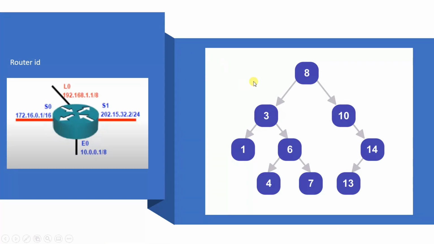Consider this diagram. Consider these as routers. For example, if one new router is added in this space, just visualize. Then this router has to follow the 7 steps, asking for the LS request, that is, link state database, and it has to send the database.